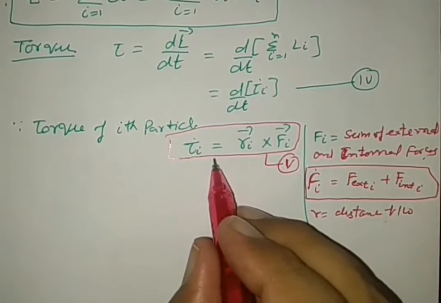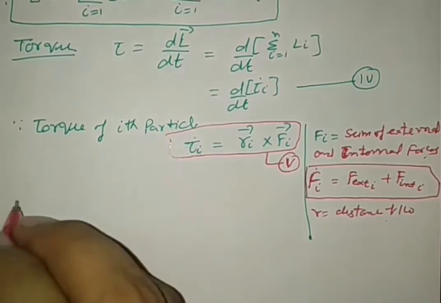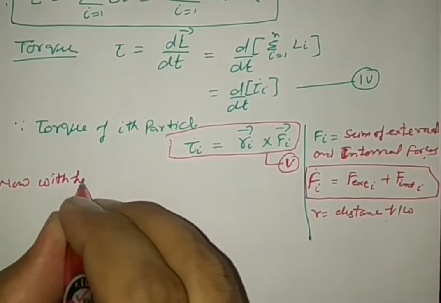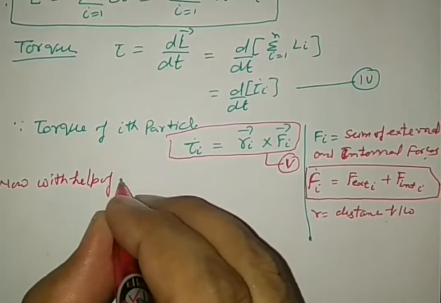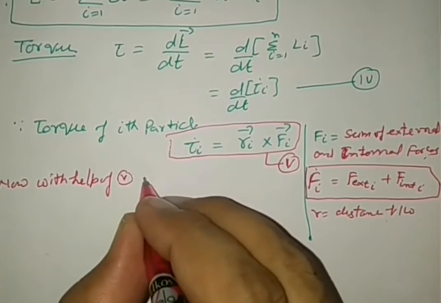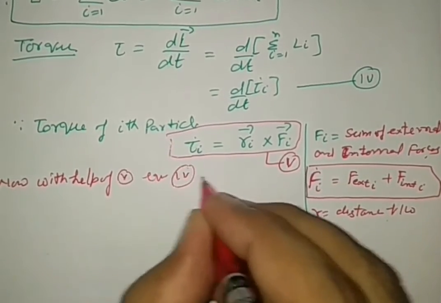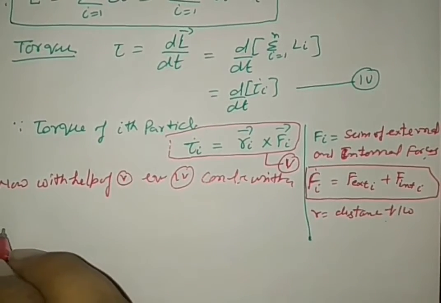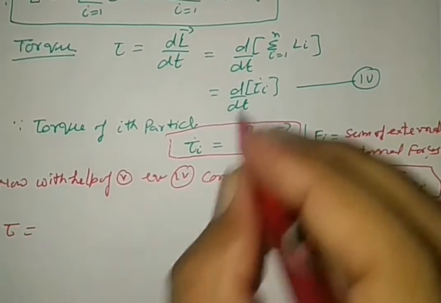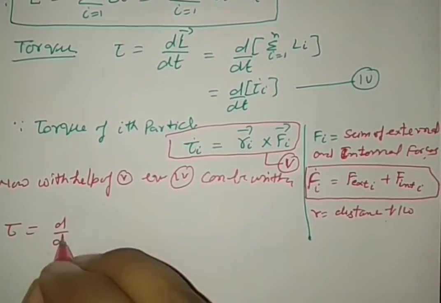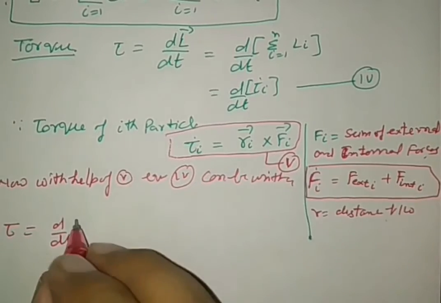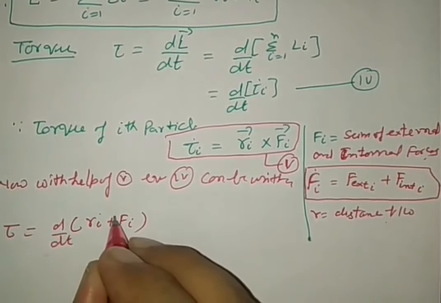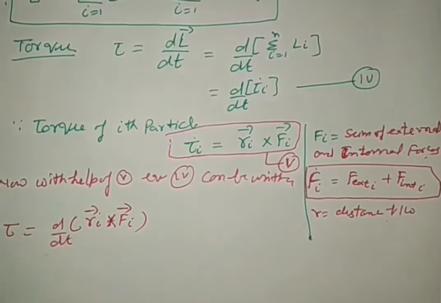Putting the value of tau from 5 in equation 4, equation 4 can be written as net tau is equal to d by dt of tau i, and this tau i is Ri cross Fi.